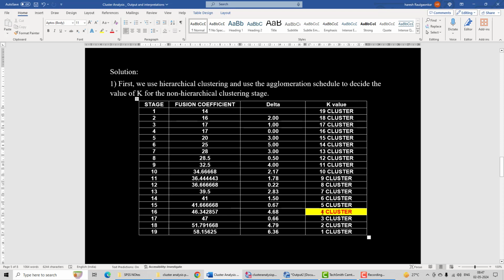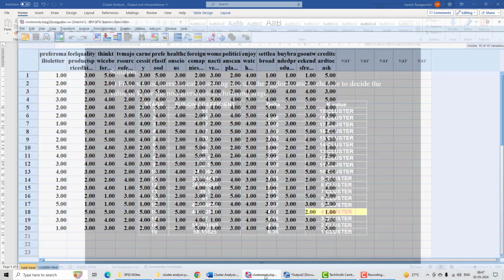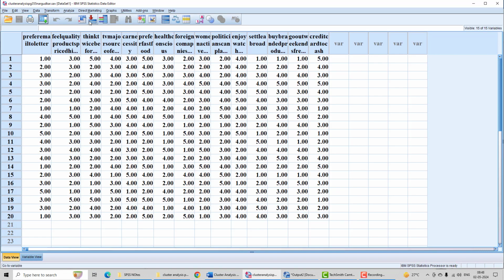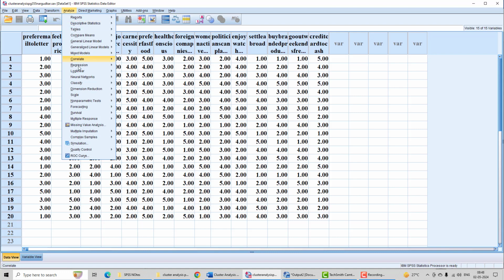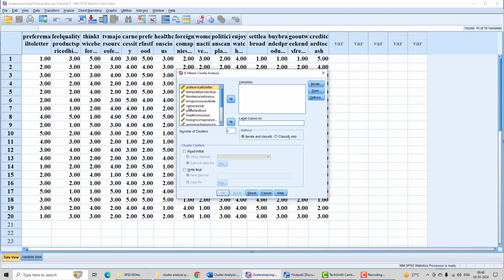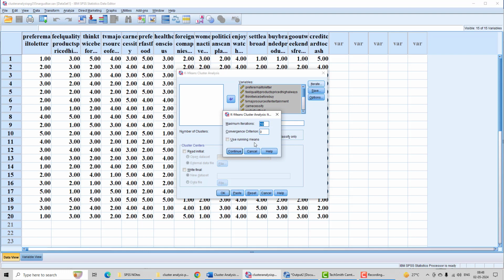So what does that mean? That we are now going to use k equal to 4 in our next analysis. So we will go for Analyze, Classify, and then we'll use K-Means Cluster, and here again Control A, transfer, and we are going to use number of clusters as 4, right?